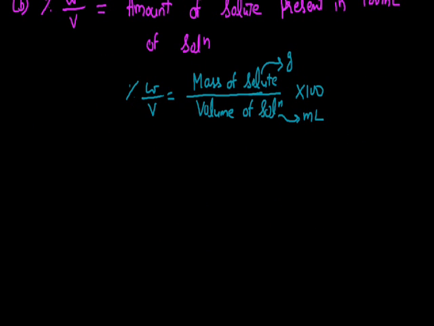Now let's talk about the final kind of percentage representation, where we take the volume of solute, divide this by the volume of solution, and we get percentage volume by volume. This is defined as the volume of solute that is present in 100 ml of solution.